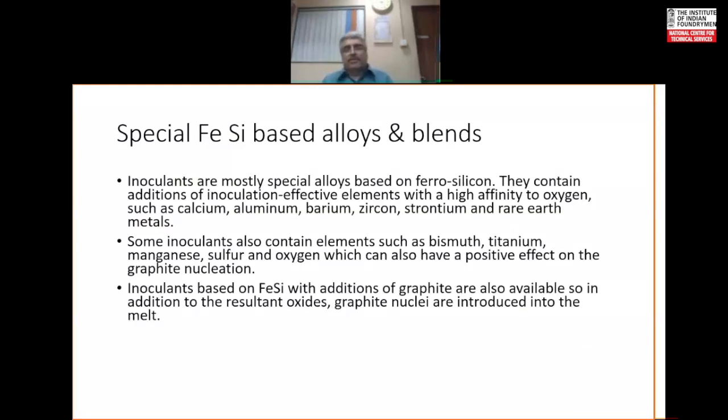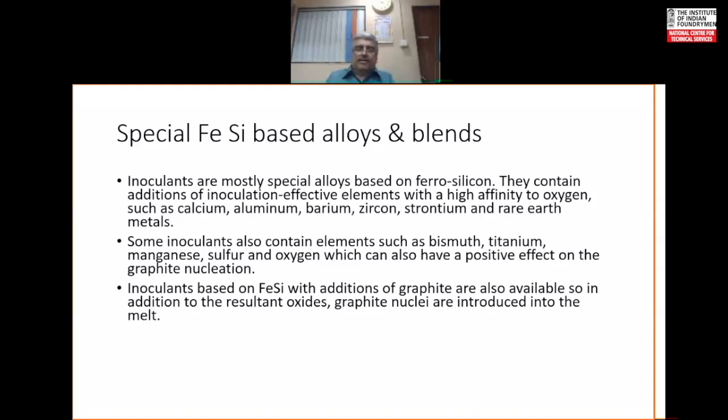Inoculants which are based on ferrosilicon with additions of graphite are also available. In fact, in the past, what I call blended inoculants were used. They were commonly made out of ferrosilicon with 70-75% silicon with some amount of aluminum and calcium in it. And then there will be mixtures of ferrosilicon granules with graphite plus calcium silicide for different applications.